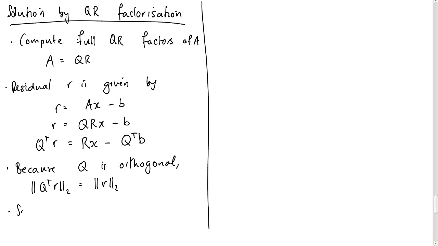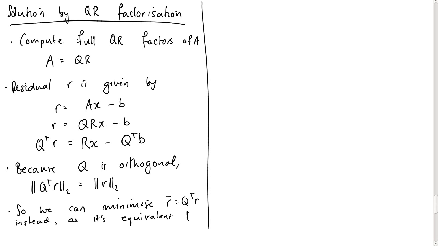So we can solve this problem and it's equivalent to the original one. So we can minimize r bar equals Q transpose r instead, as it's equivalent to minimizing the norm of r.